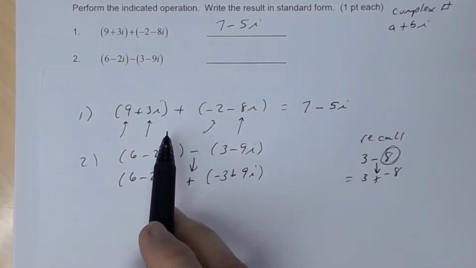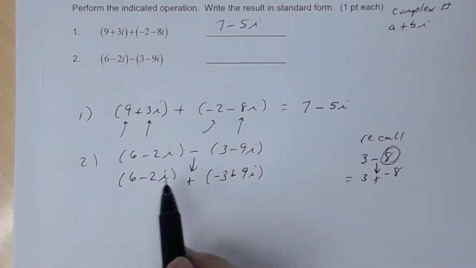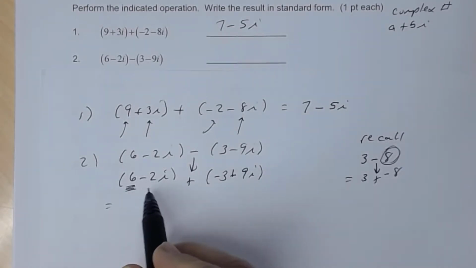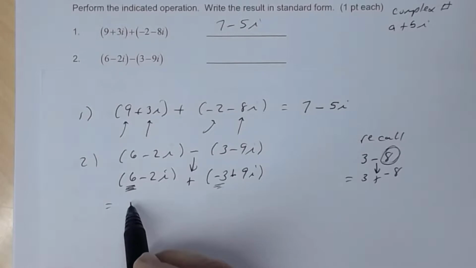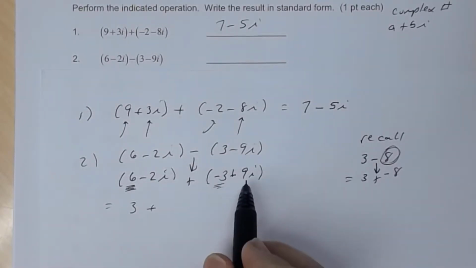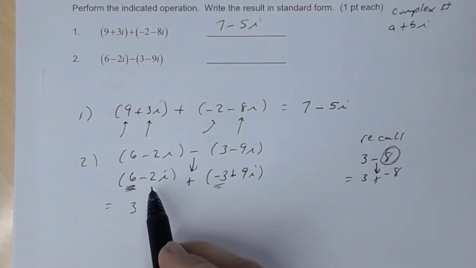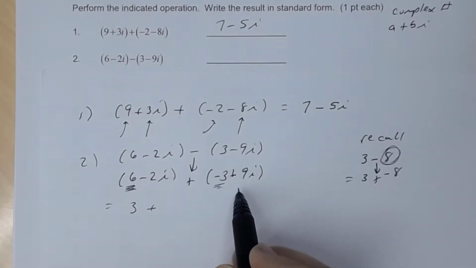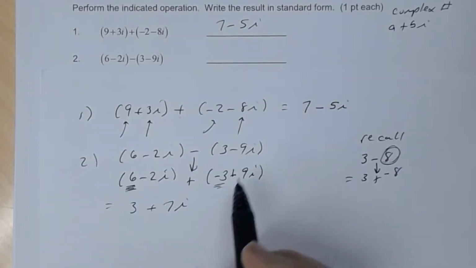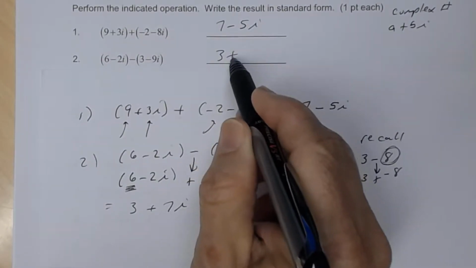And now this looks like the previous one, so we're adding two complex numbers. The real part, 6 plus the negative 3, is 3, plus, and then if you look at your imaginary terms, the imaginary part here is a negative 2 and the imaginary part here is a positive 9, so you get 7i. So you get 3 plus 7i.